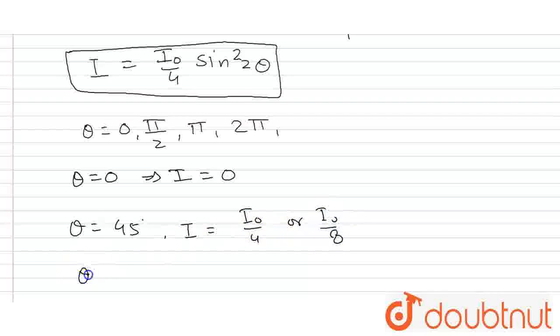At theta equal to pi by 2, the intensity becomes again 0, and whenever we increase the value of theta, the intensity will vary.